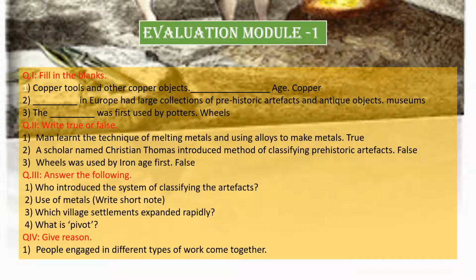Third, which village settlements expanded rapidly? Answer: Potters and craftsmen began to live close to each other in the settlement so as to manage their work more easily. This became the industrial area of that village, where skilled craftsmen had their settlements and centers of production.